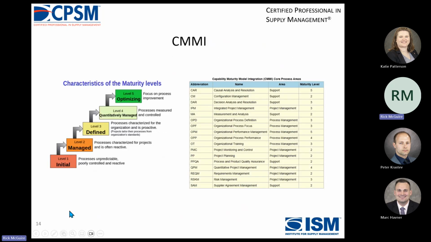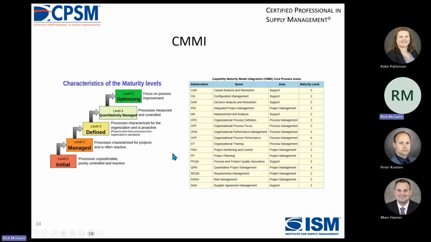So this is the CMMI model. There are these different levels, and you just try to figure out what level you're at based on these descriptions. And this gives you more about what happens at each level.